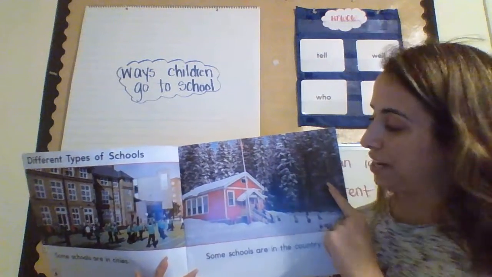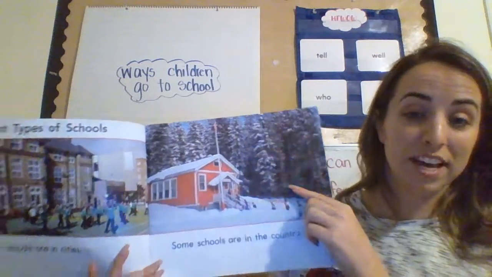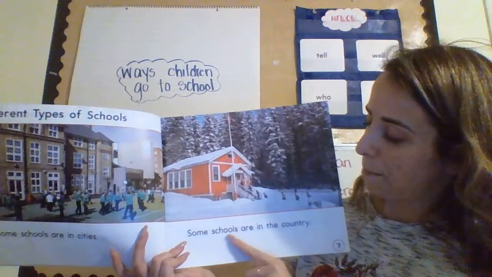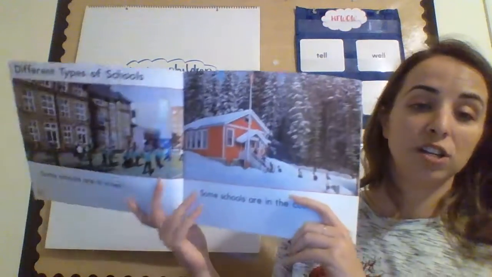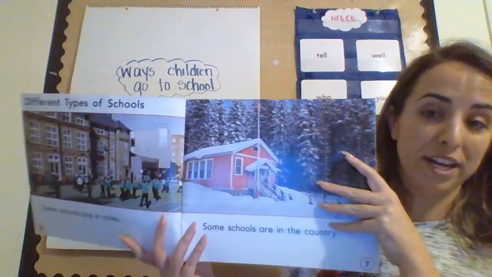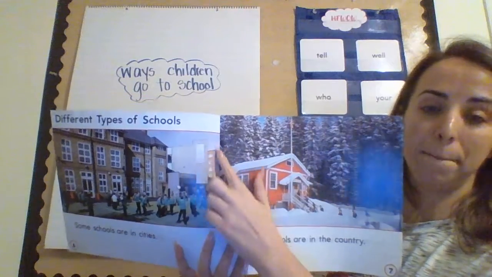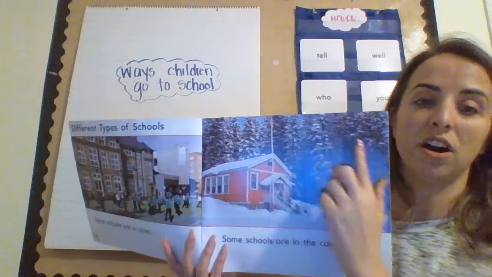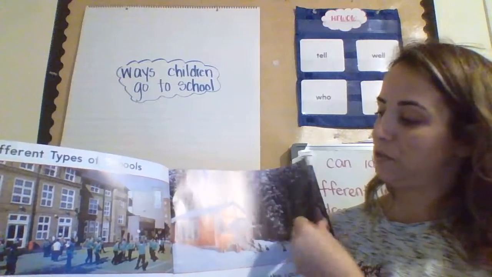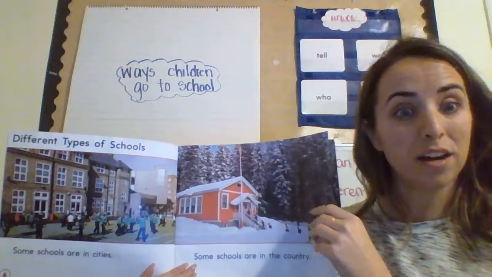There are a lot of trees in this picture. So, some schools are in the country. In the country, there are a lot of trees. In the city, there are buildings. In the country, there are a lot of what? Trees. Good job. All right, so some schools are in cities. Some schools are in the country.